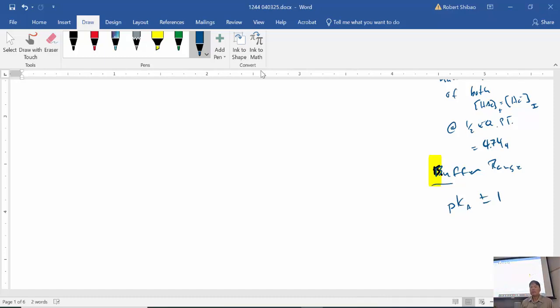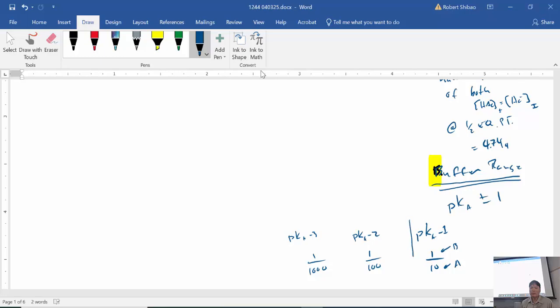The reason we call it the buffer range is because we need it not too lopsided. So for example, if we're at a pKa minus 1, then we have 10 parts more acid than base. And so if we look at the base to acid ratio, it's a 1 to 10 ratio. If we go to pKa minus 2, then we're at a 1 to 100 ratio. If we go to pKa minus 3, we're at a 1 to 1,000 ratio.